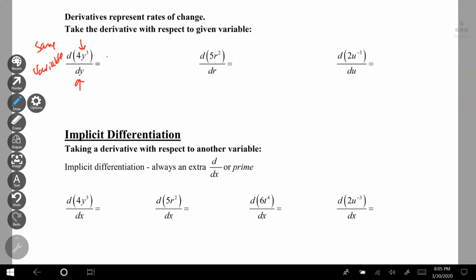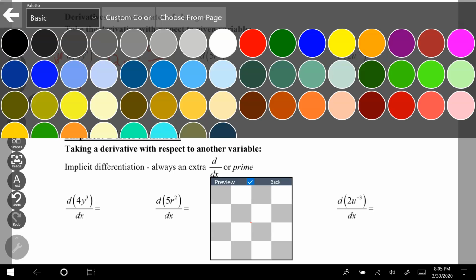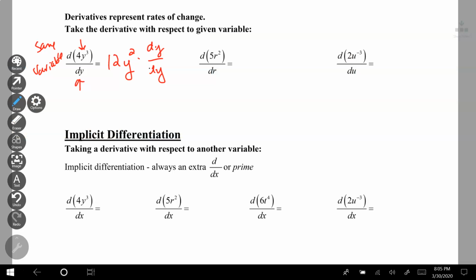My variable is y, so it's just going to be 12y squared, and technically it's dy because that's a variable on top over dy because that's the variable I'm taking with respect to. But this whole part is equal to 1, so it kind of goes away and we just get 12y squared.